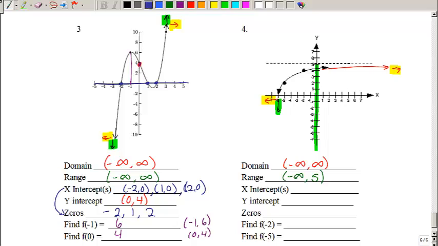The x-intercepts, it looks like the graph would cross here at (-6, 0), which tells me that my zero is -6. I have a y-intercept at, looks like a little past 4, so we're going to call that (0, 4.2). That's just an estimation. I'm not trying to trick you or anything.